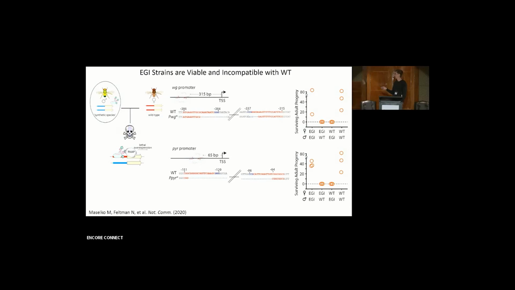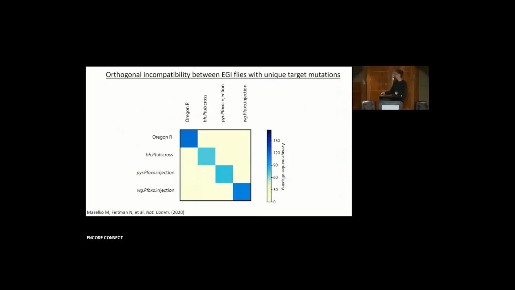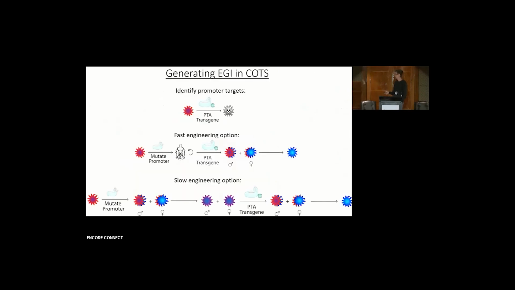Those activators were harmless except when those insects, the synthetic species, mated with something with the wild type, in which case it was 100% lethality. And ultimately, we engineered 3 different synthetic species, which are all incompatible with each other and the wild type.